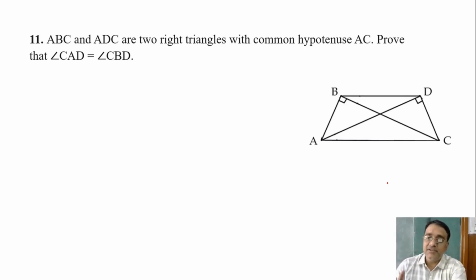If a line segment joining, मैं ध्यान से बोल रहा हूँ सुनो, if a line segment joining two points subtends equal angles at two other points lying on the same side of the line containing the line segment, the 4 points lie on a circle. ठीक है? So that means A, B, D, C lie on the circle.